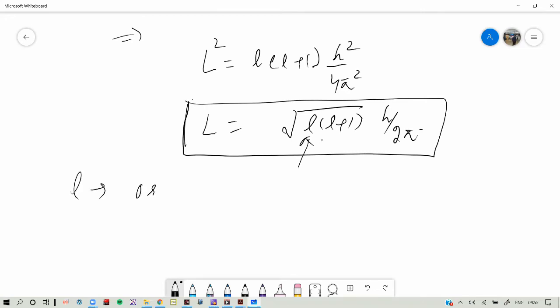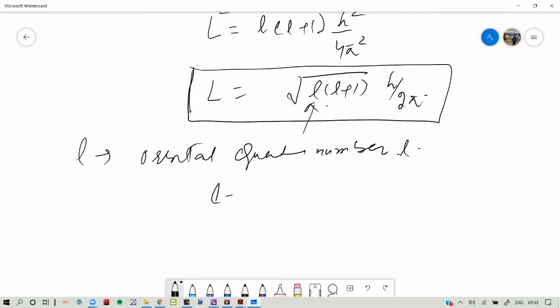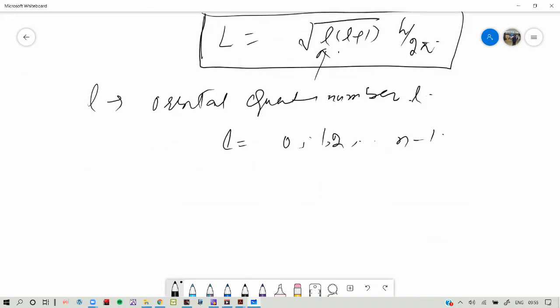This is called the orbital quantum number l, and it is restricted to the values l equal to 0, 1, 2, up to n minus 1. So n is the principal quantum number.